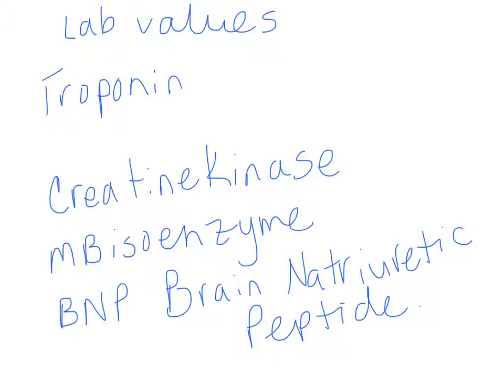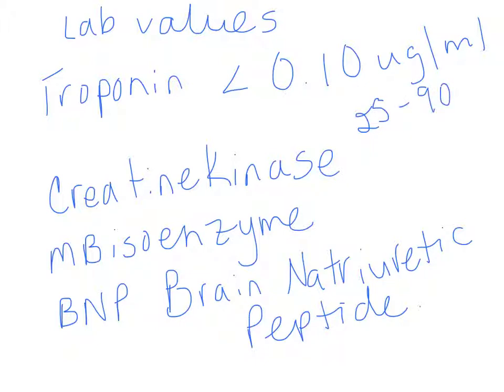So what I do want to tell you is that the troponin, when you're looking for a troponin value, anything less than 0.10, and this is the measurement. And when we're looking at creatine kinase, we are looking at a 25 to 90 for males and a 10 to 70 for females, unit per liter.